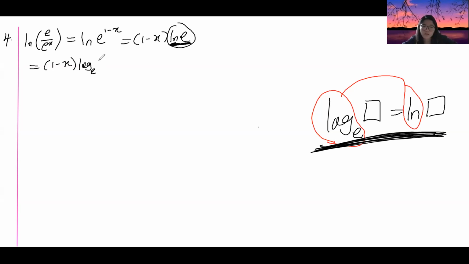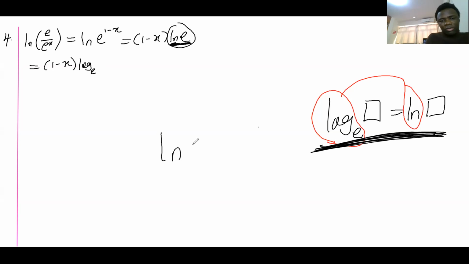I have ln e, right? I just call it ln e. How can I write this? You said log base e, right?